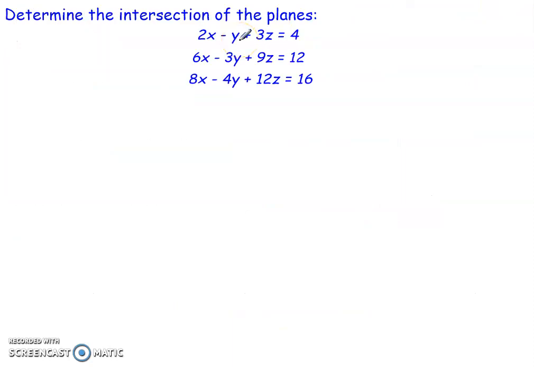So first one, I want to determine the intersections of the three planes given here. The first thing we do is set up our augmented matrix with all the coefficients and parts of the equations in it. So the first row will be 2, -1, 3 and 4. Then 6, -3, 9 and 12. And then 8, -4, 12 and 16.